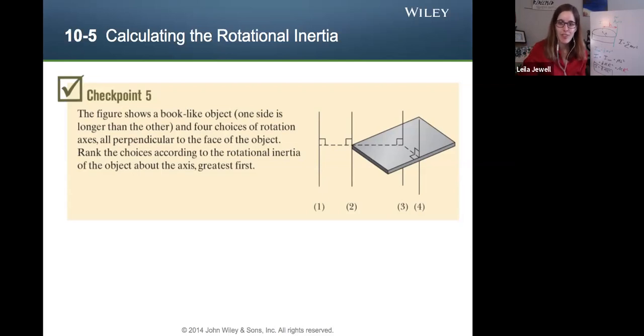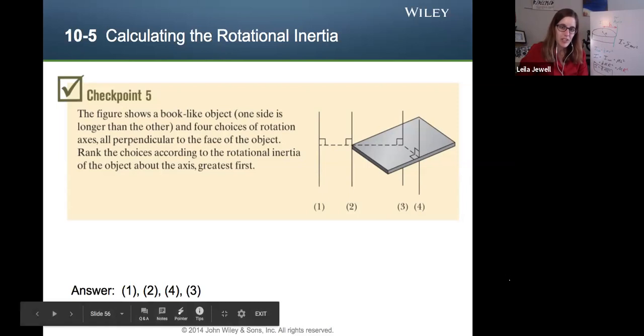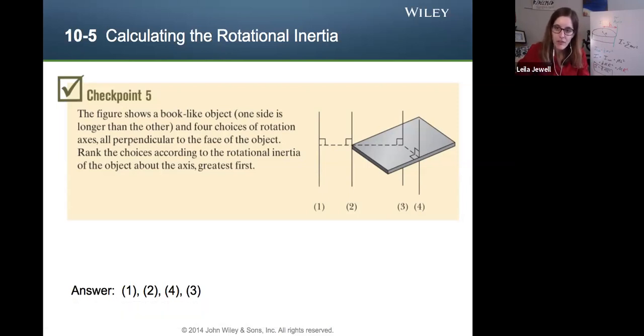Okay, hopefully you hit pause and thought it through. Now we look, and the greatest rotational inertia is 1, followed by 2, and then 4, and then 3. So what is it saying? Well, we know the rotational inertia about the center of mass is something fixed.